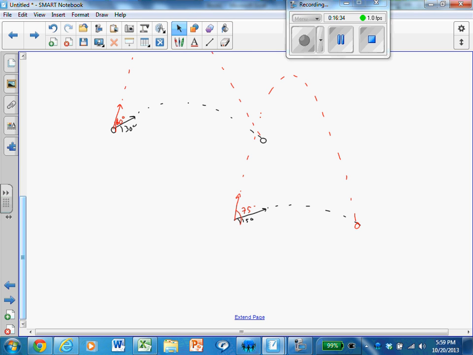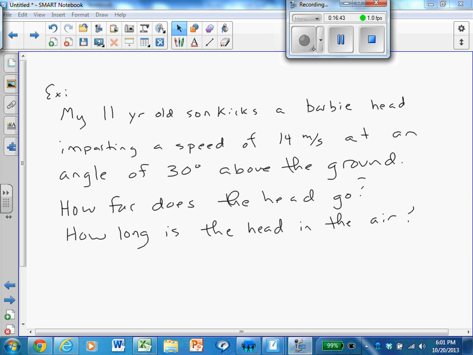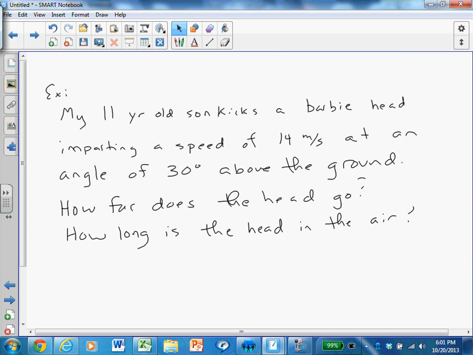Now let's look at some examples for symmetric problems. So say my 11-year-old son kicks a Barbie head, imparting a speed of 14 meters per second at an angle of 30 degrees above the ground. How far does this head go, and how long is it in the air?